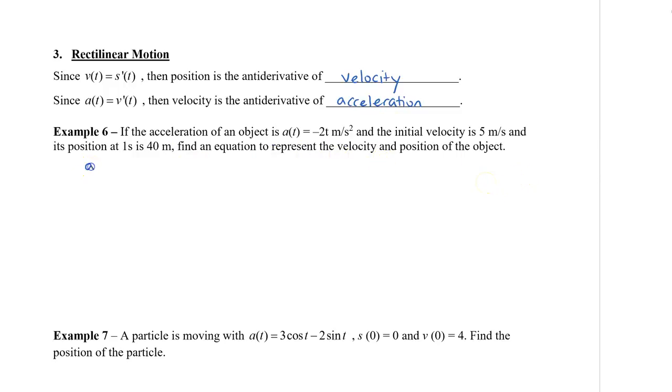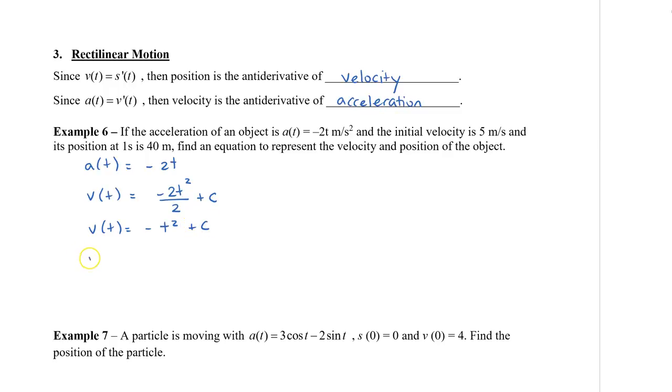Starting with our acceleration, it's negative 2 times t. So velocity has to be negative 2t squared over 2. We add 1 to the exponent and then place that same exponent in the denominator, plus c. To simplify, I get negative t squared plus c.